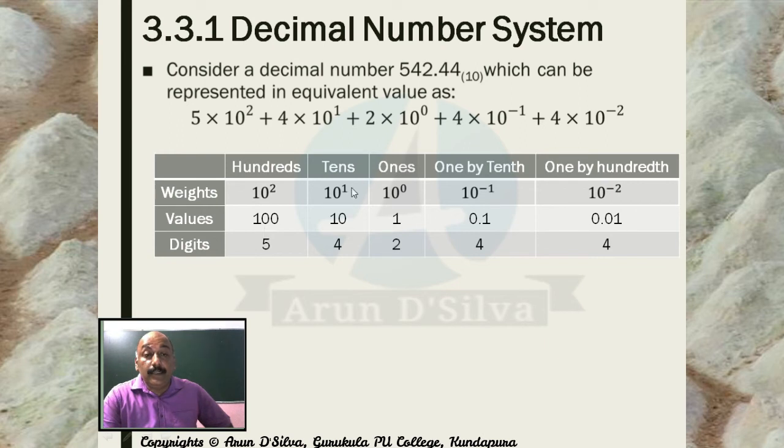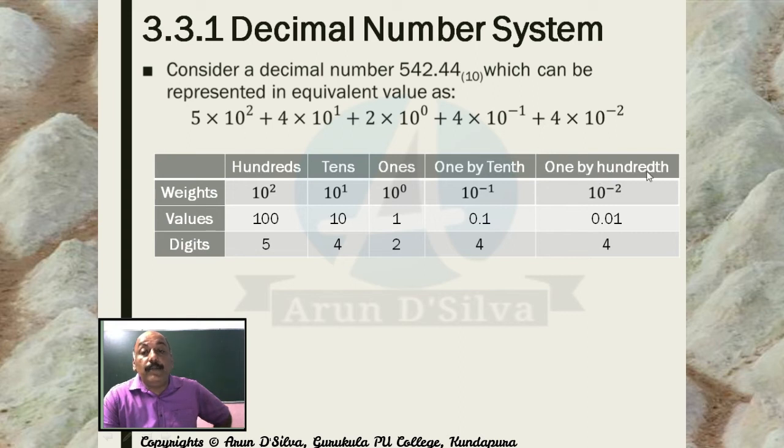And this is the tens position, 10 to the power 1, so 4 into 10 is 40. This is the ones position, 10 to the power 0, so 2 into 1 is 2 itself. Next comes the one-by-tenth position, 10 to the power -1, which is 0.1, so 4 into 0.1 is 0.4.